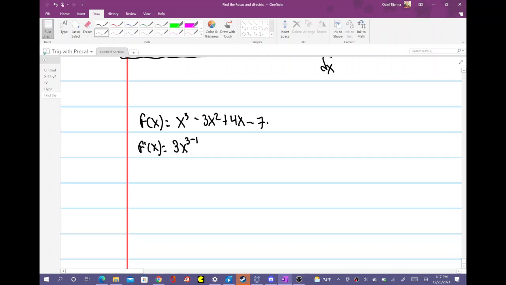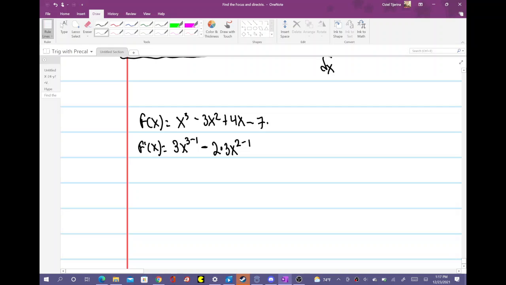So bring the little number down, and then subtract by 1. Similarly, you're going to bring the 2 down here, so 3x squared, you're going to say 2 times 3, and x to the 2 minus 1 power, right?